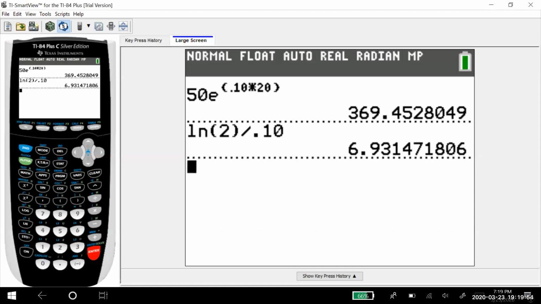All right, so here's what we have. It's 3,400 divided by, now I have to put the whole bottom in parentheses. Oops, too many parentheses. Let's go back and delete one of those. Okay, so it's 17 plus 183 E, so I have to go second E, so the LN button.